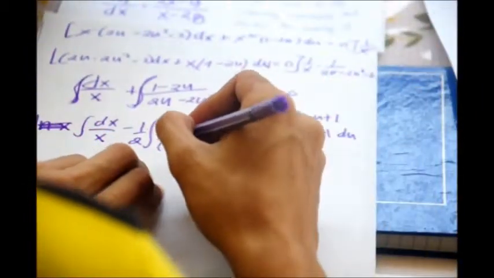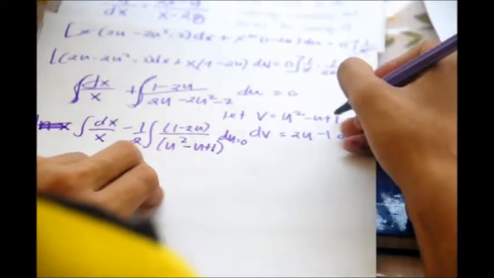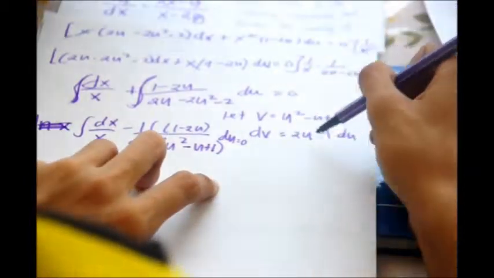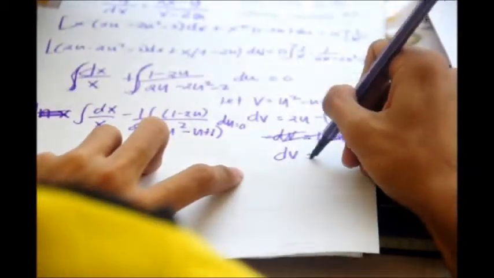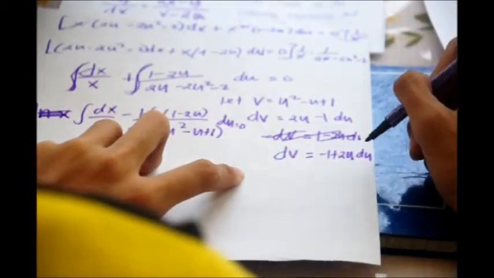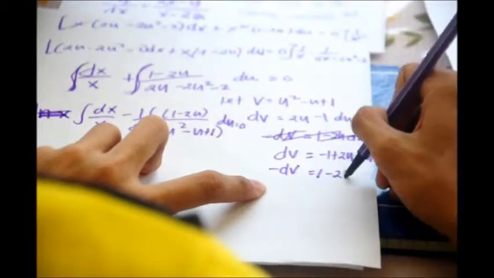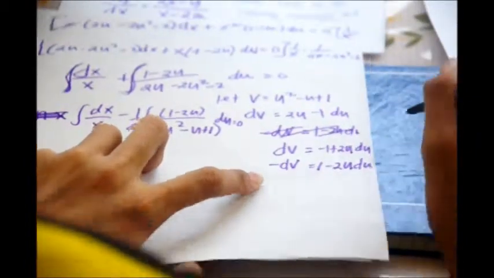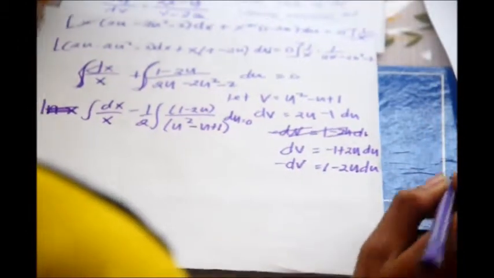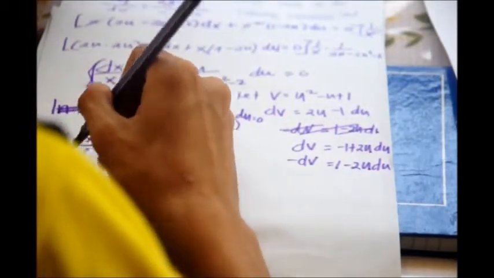By letting t equals u squared minus u plus 1, then we get the derivative dt equals 2u minus 1, also negative 1 plus 2u. So dx over x.